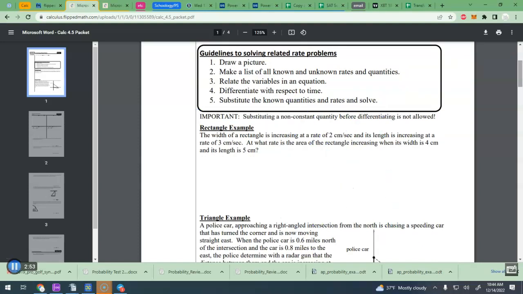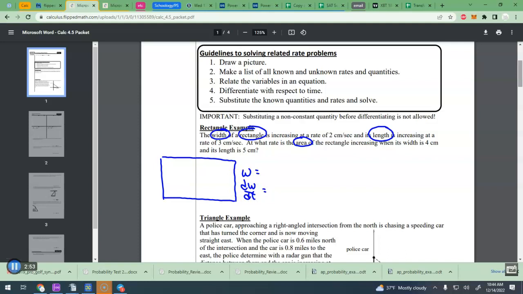While we're doing these examples up here, I see width, rectangle, length, and area. So they're saying draw a picture. I'm not sure how much that would help in this one, but we can do it. I've got a rectangle, and the width, so this is W, and then there's also dW dt.